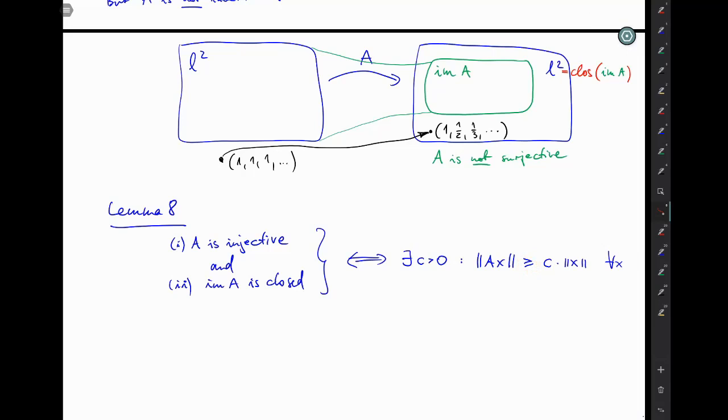So just like for boundedness, suppose for simplicity that your input has length 1. And now this time you can say that the output after applying your operator has length at least little c. So when we discussed bounded linear operators, we discussed that the image of the unit ball under an operator is some kind of ellipse.